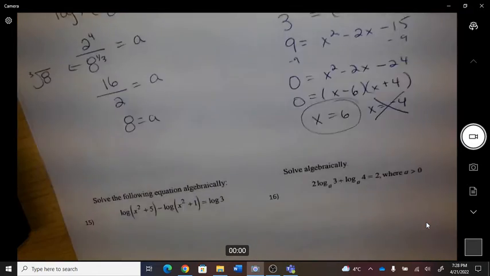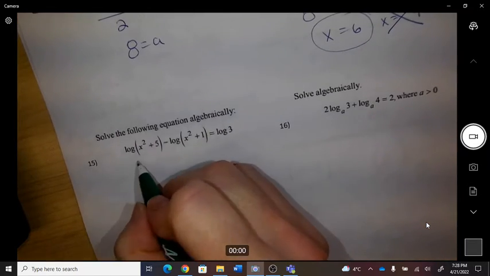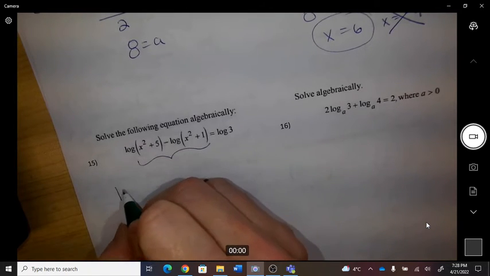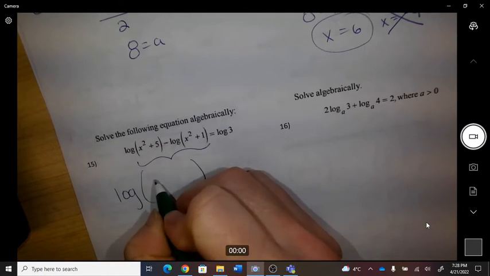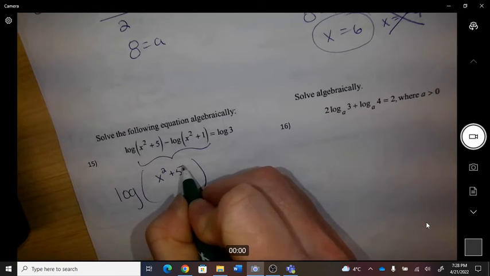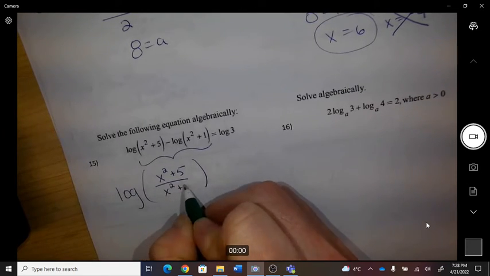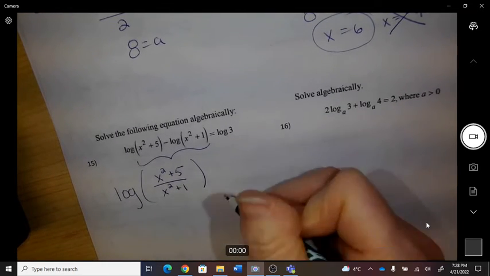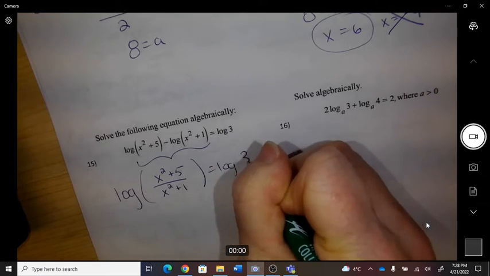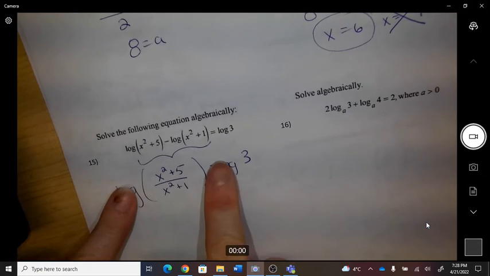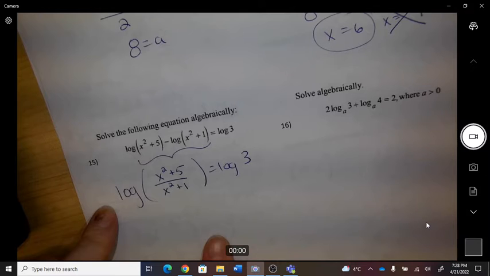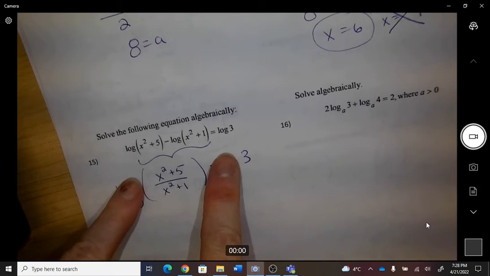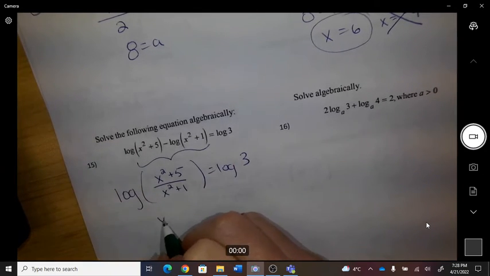Okay, number 15, I'm going to collect. So log of x squared plus 5 divided by, and then equals log, and then 3. Since those logs are the same, remember this is a base of 10, those are the same, I cancel them out.